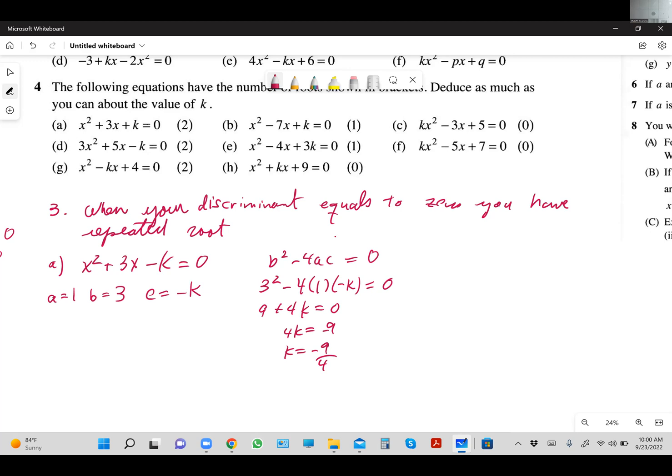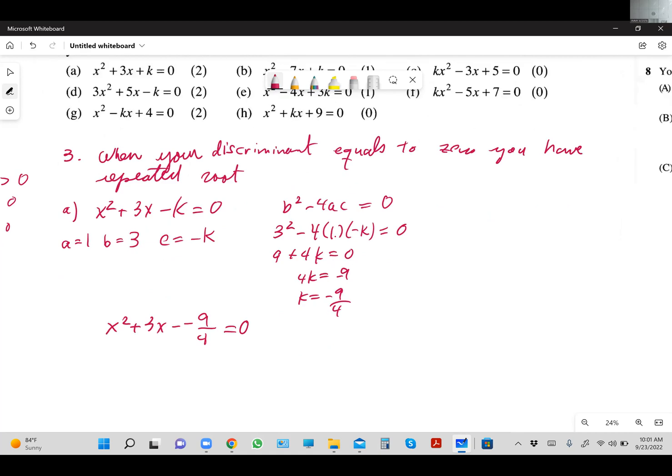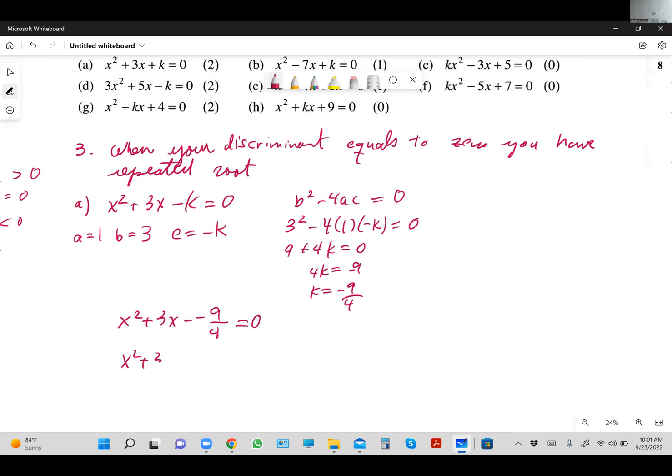So when k would be negative 9/4, that is when x squared plus 3x minus a negative 9/4 equals 0, or in other words, we can write that when x squared plus 3x plus 9/4 equals 0.